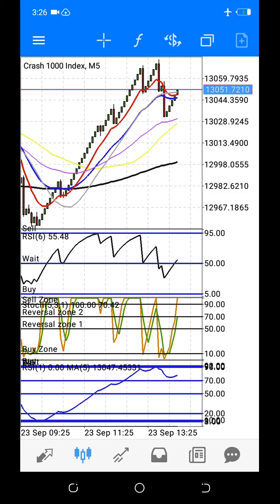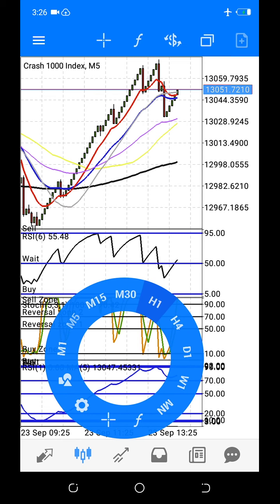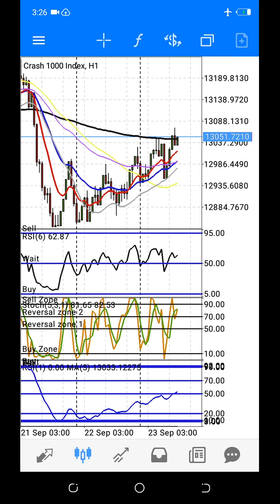Now look at what I'm trying to share with you. First and foremost, remember what I said about trading Crash. For you to understand trading Crash, you have to understand where the major trend is, and you use your H1 time frame to determine that.